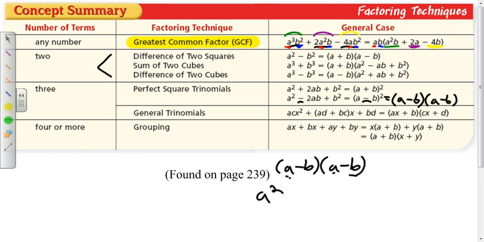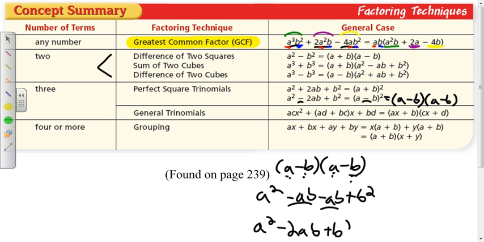A and negative b becomes minus ab. Negative b times a is another minus ab, and negative b times a negative b, the negative and negative makes positive, so it's plus b squared. So combining these like terms, we're left with a squared minus 2ab plus b squared. So this trick checks out.